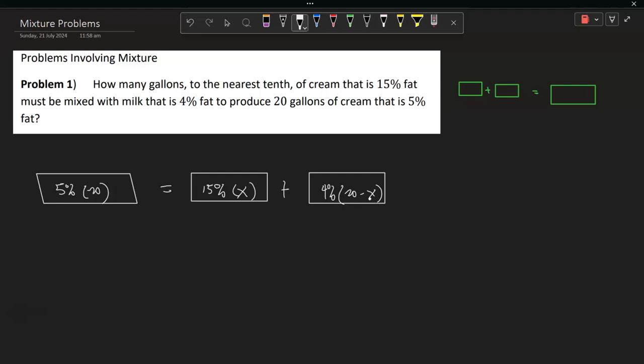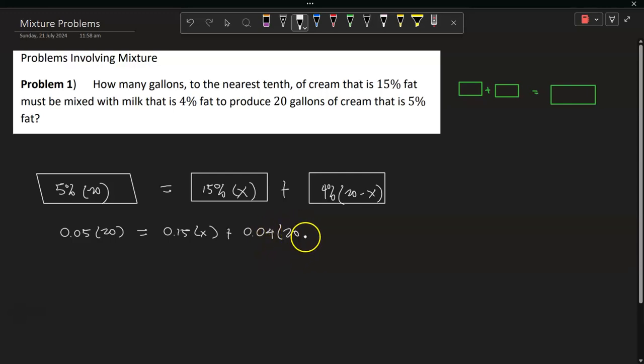Now, by using simple algebra, we're just going to translate this into an equation. So this is now 5%, so 0.05 times 20 is equal to 0.15 times X plus 0.04 times 20 minus X. Then we simplify.